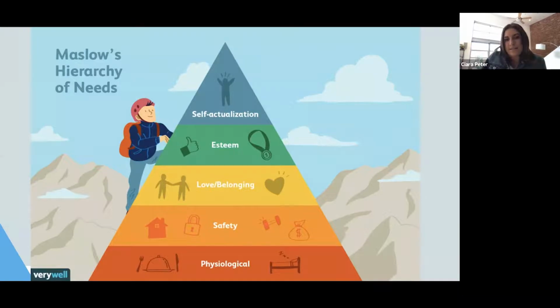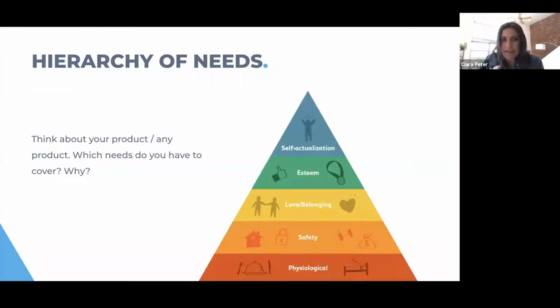Why is this important to us? Well, it's very important to know what need your product should be solving so that you are focused on the right things. For example, there could be a performance management software that has the goal of helping people to work in a more efficient manner, set goals, realize their dreams.